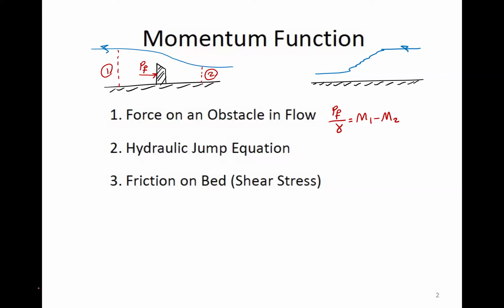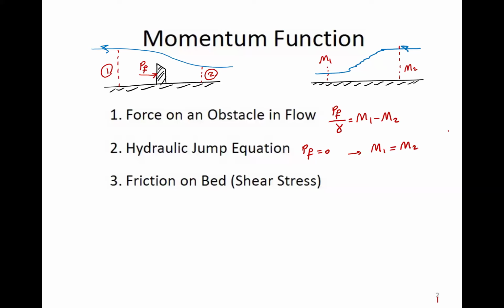And again we have section 1 with specific momentum M1, and section 2 with specific momentum M2. The difference here was that there's no object, there's no obstacle, so the force is 0. So the left-hand side of the specific momentum equation is 0. As a result, the specific momentum is conserved. So M1 is equal to M2.